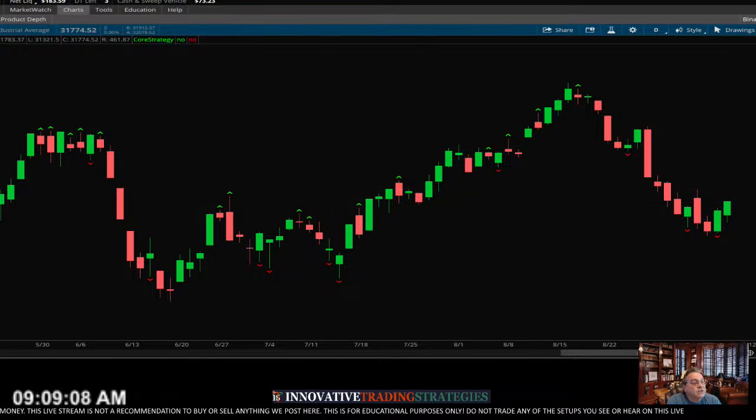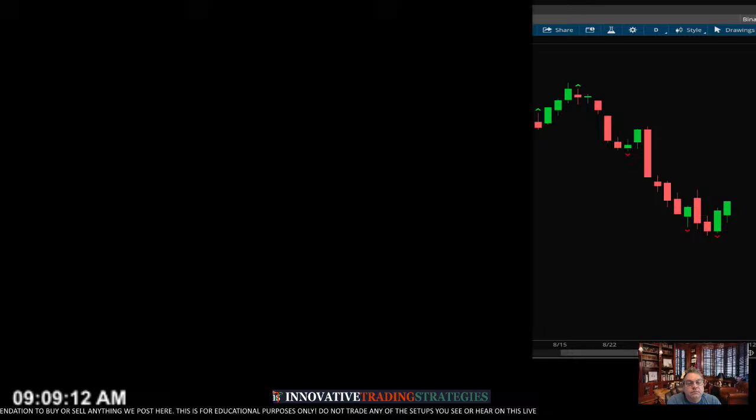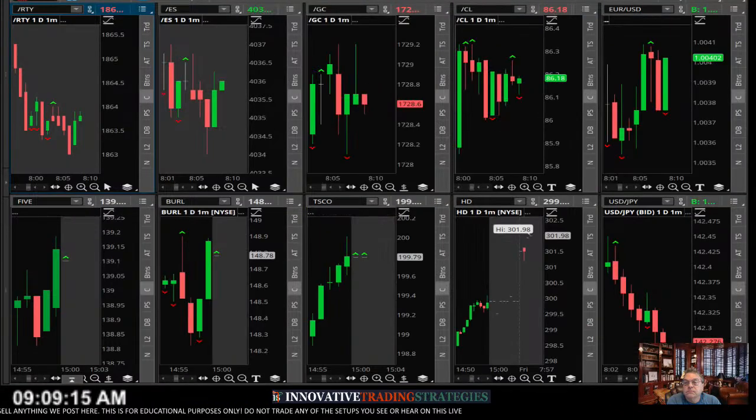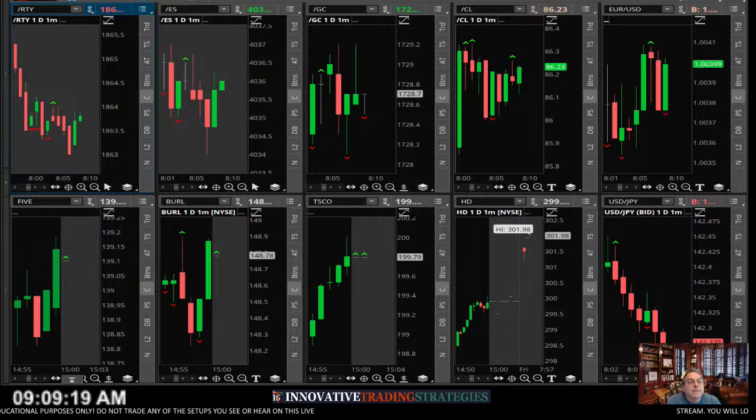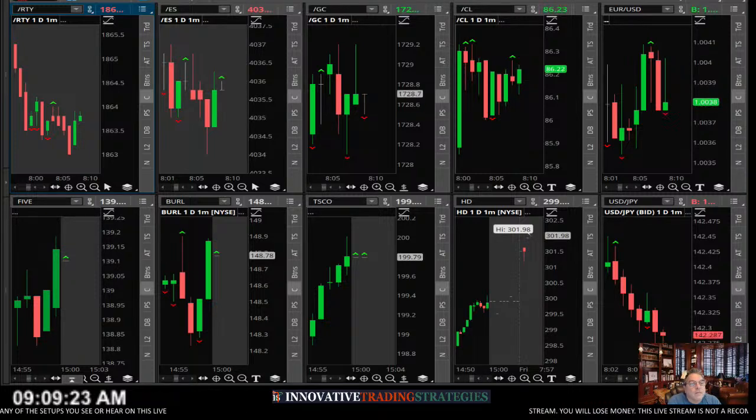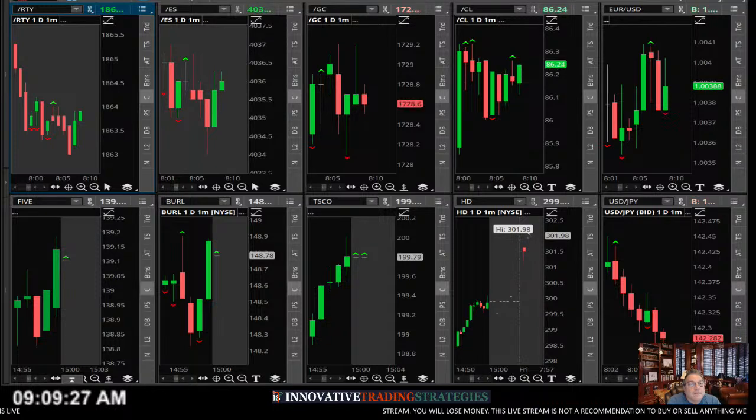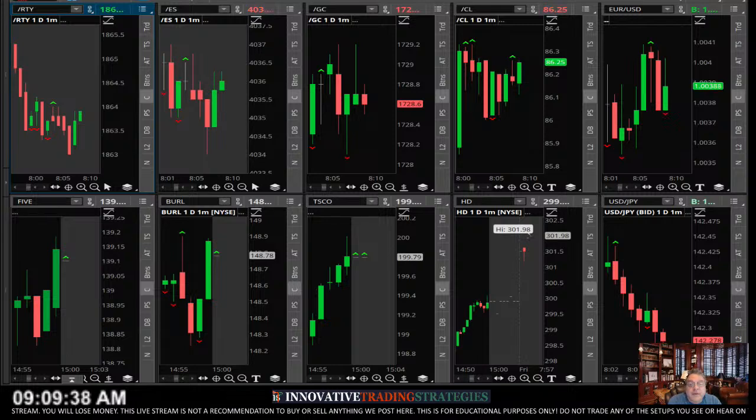Let's see what our scans are looking like. Okay, looking at our overnight scans, we have several different patterns that we look at when we scan. We scan across, I think it's 12,000 different stocks.